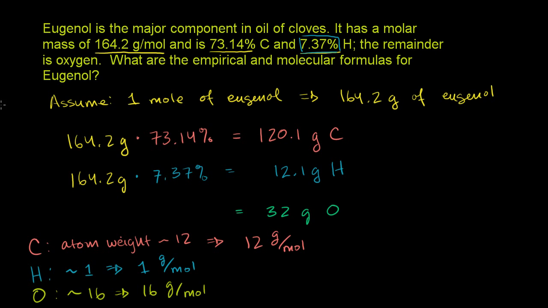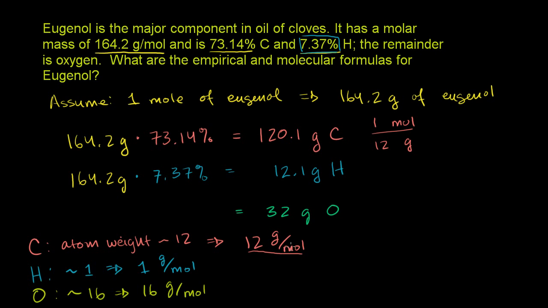So let's do this. It's 12 grams per mole, but we want to divide by grams because we want this gram to disappear in the numerator. If it's 12 grams per mole, that's the same thing as 1 mole for every 12 grams. All I did is take the reciprocal.